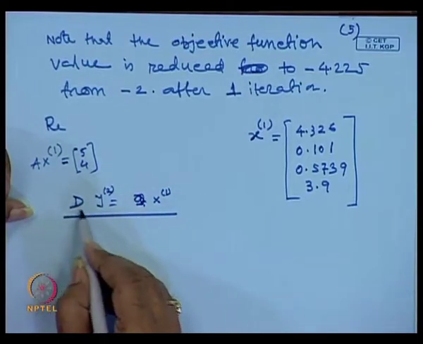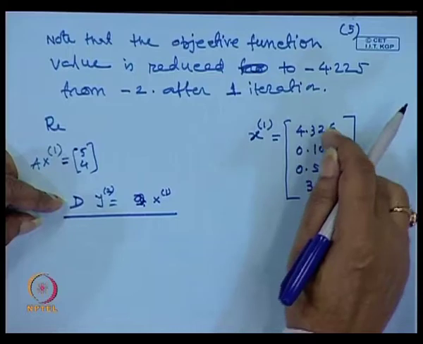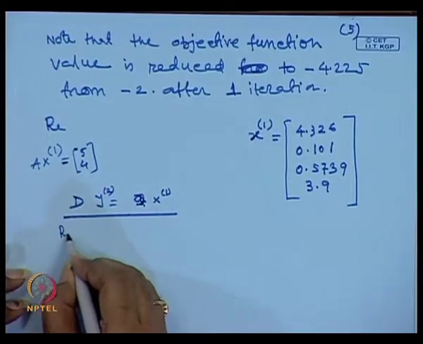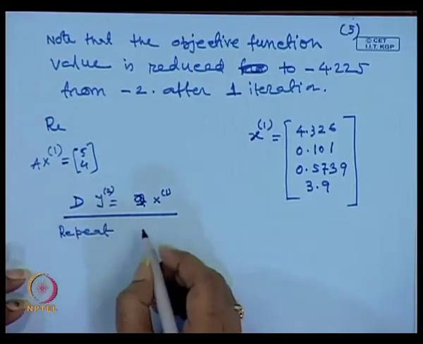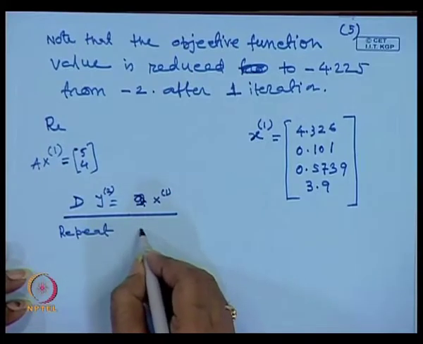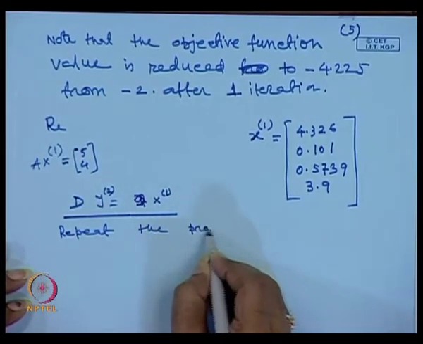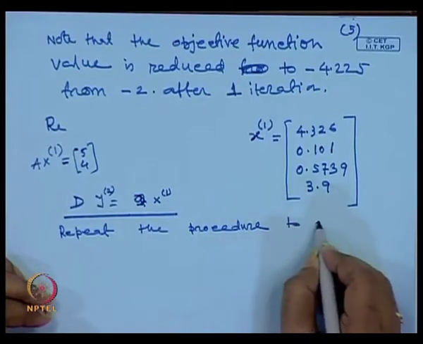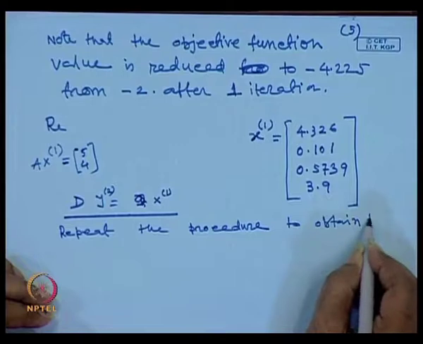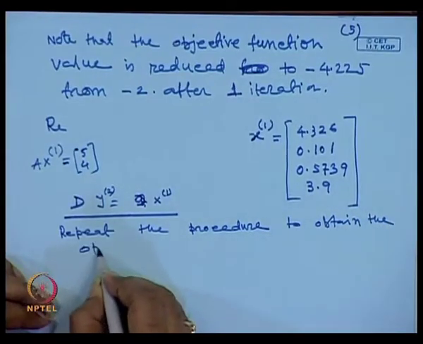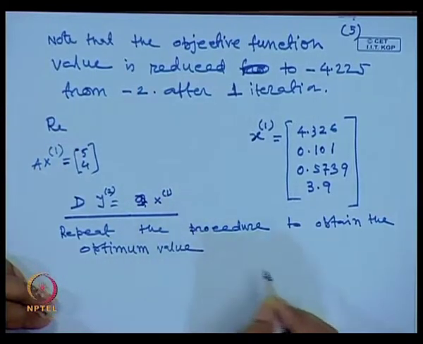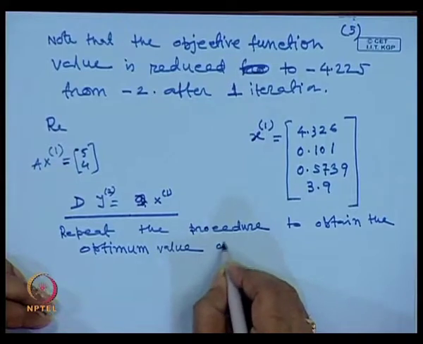Using this, and with the choice of D the same as the initial one, the diagonal elements will be the same. So, the next step is to repeat the procedure. Agree? So, repeat the procedure to obtain the optimum value of the function.